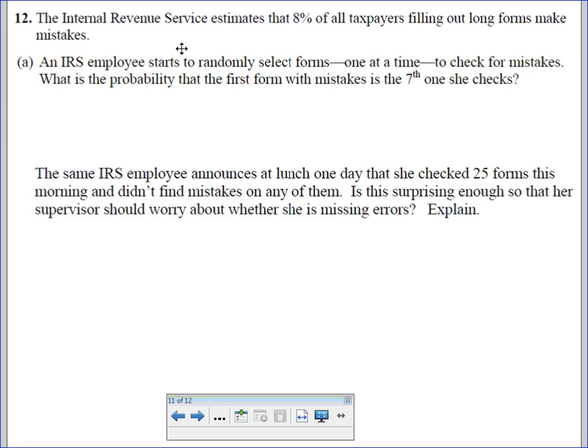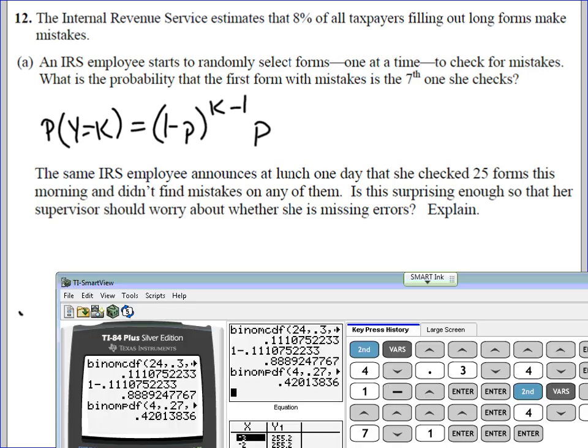So the formula for geometric probability, once again, I'll write this on the board if it comes up on the test, is given on the AP exam, but we can just do it in our calculator. Here, I'll show you guys that.